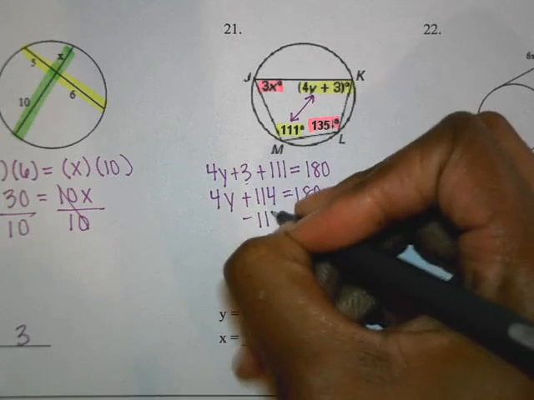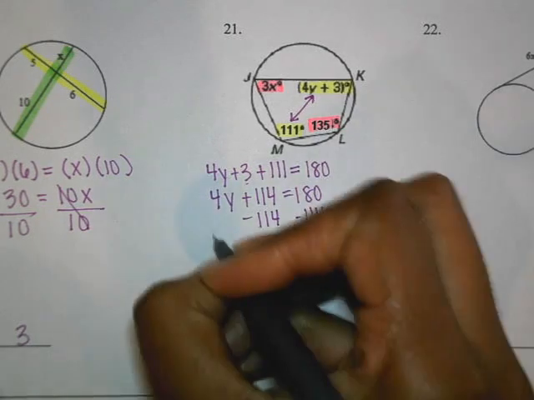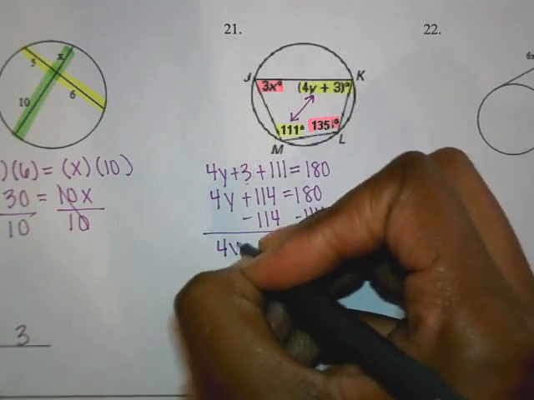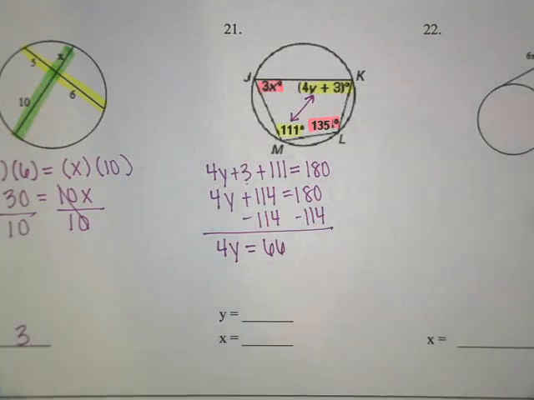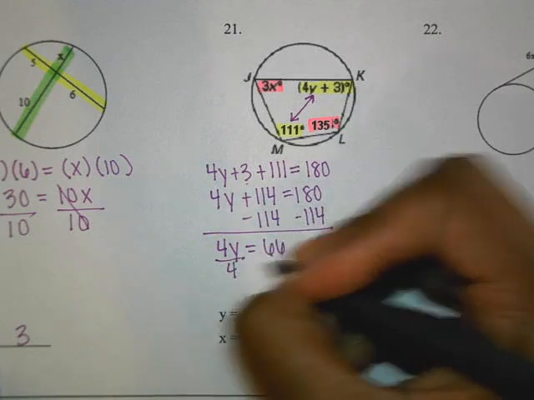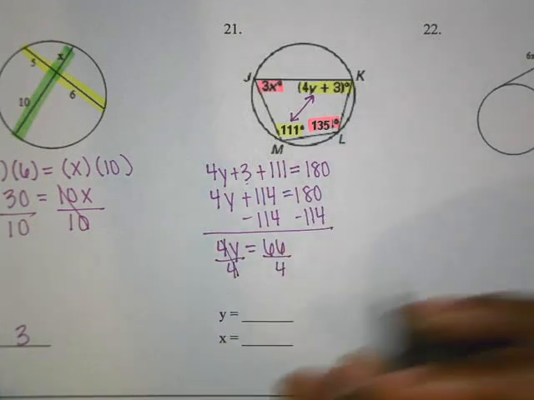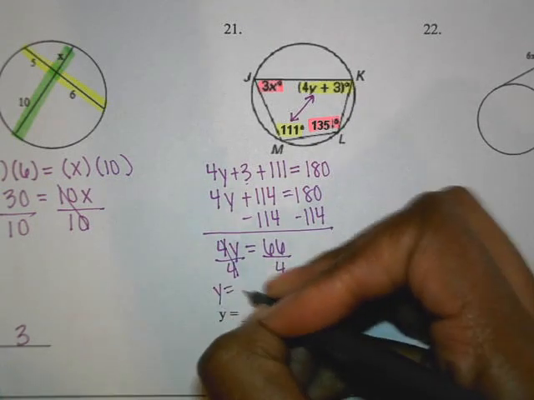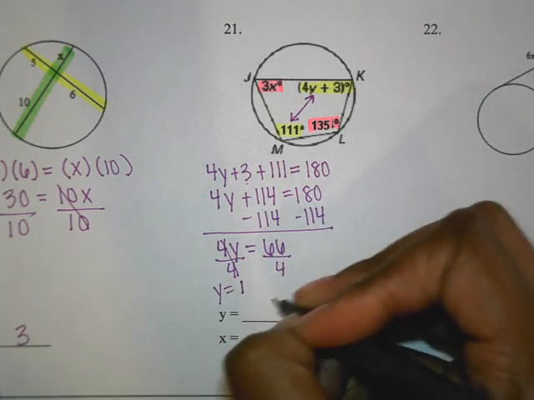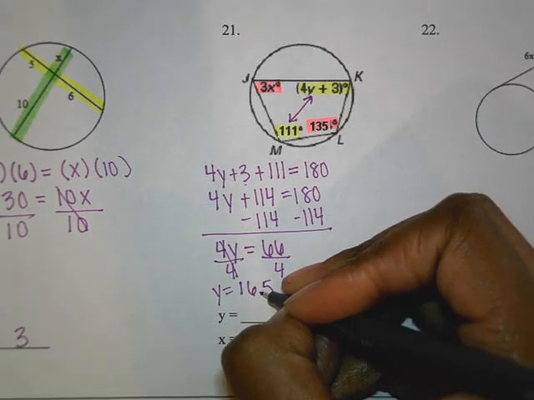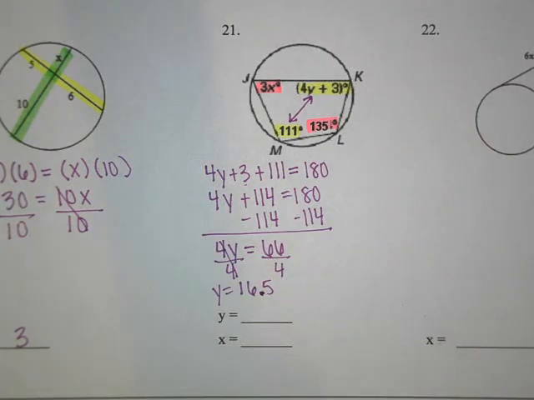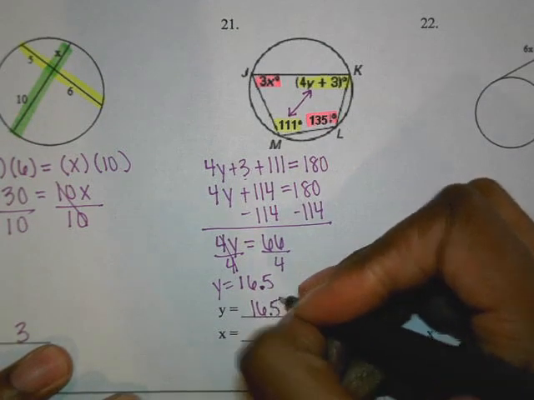I'm going to subtract 114, and I'm left with 4y is equal to 66. We divide by 4, and we're left with y equals 16.5. It is okay to get a decimal. That's just part of our answer. All right, we can write that in, 16.5.